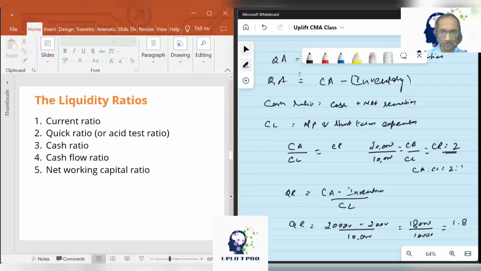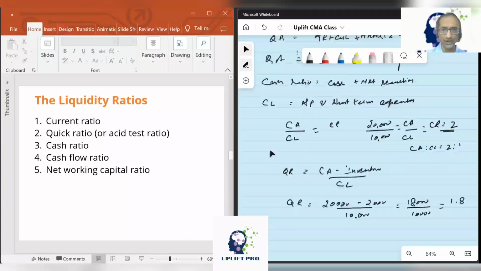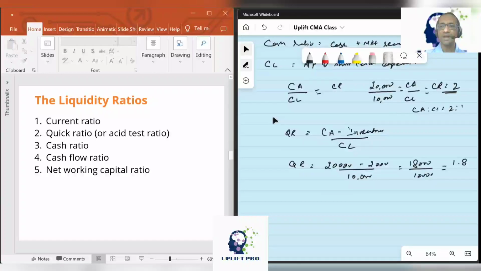That means once you can pay off 10,000, the second time you will have 8,000 of the current liabilities to pay off, and you will be short by 2,000. So 1.8 times you can pay your current liabilities. That is what it means.